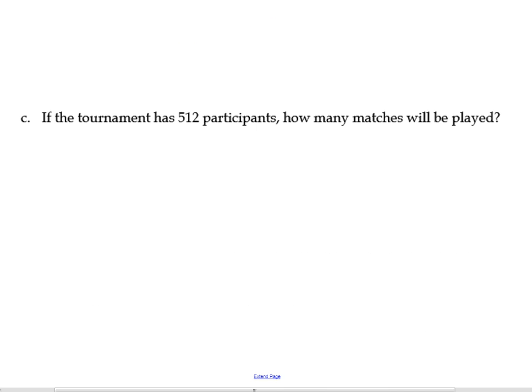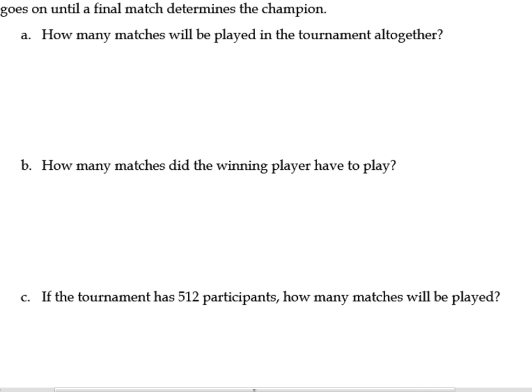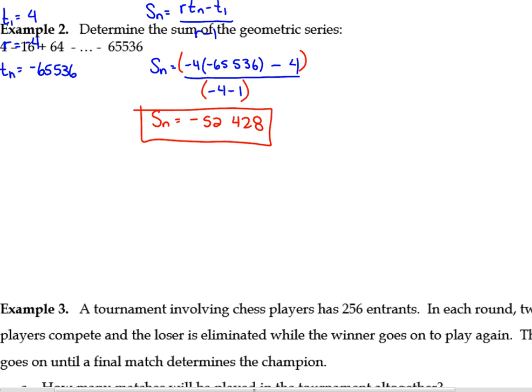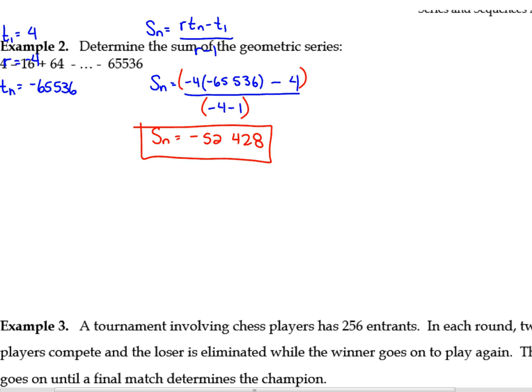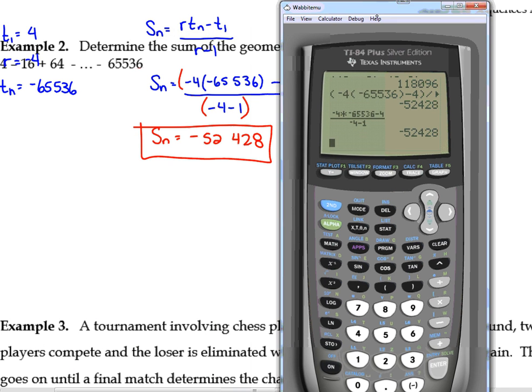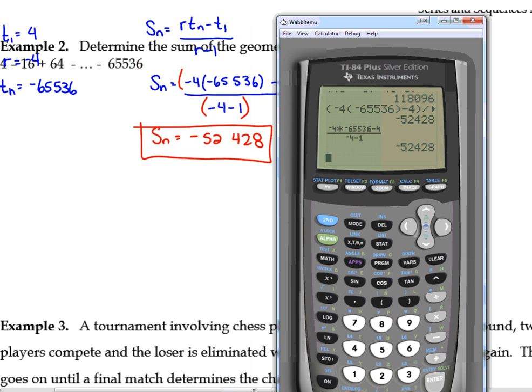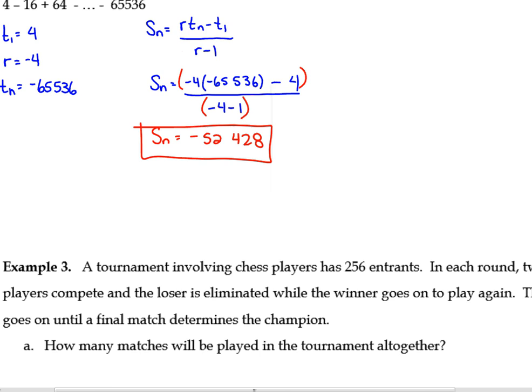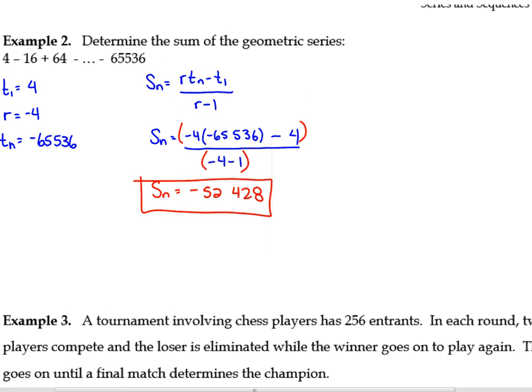Good? Question? Not the same answer. Yeah? Of 428, I don't 432. Did I type something wrong, or did you type something wrong? Let's see, 36. 65536. -4 is your first term. Oh, +4 is your first term, right?